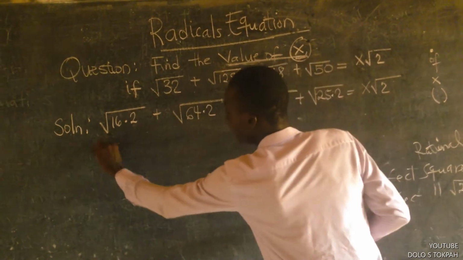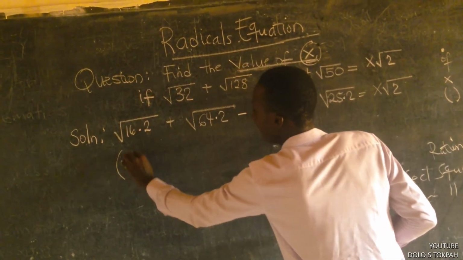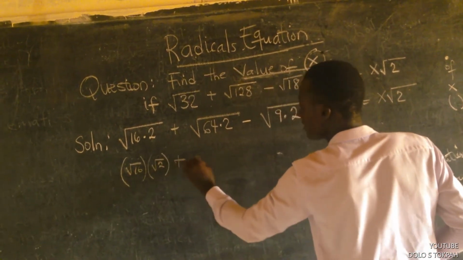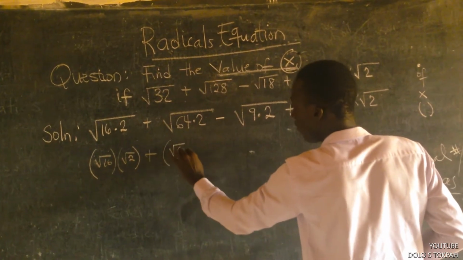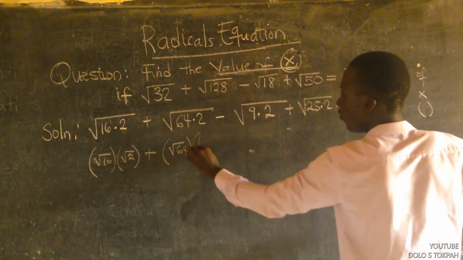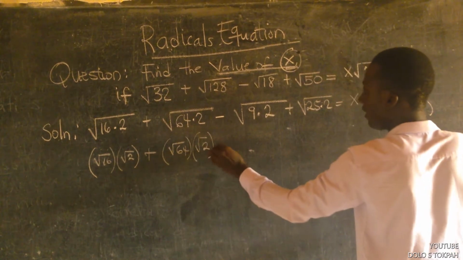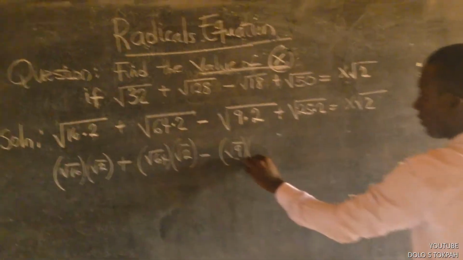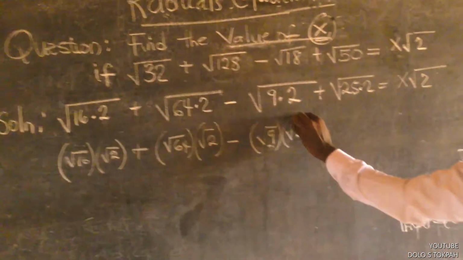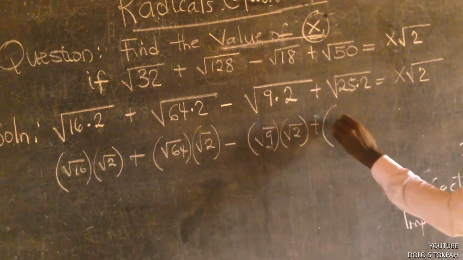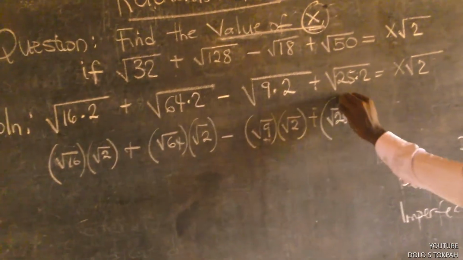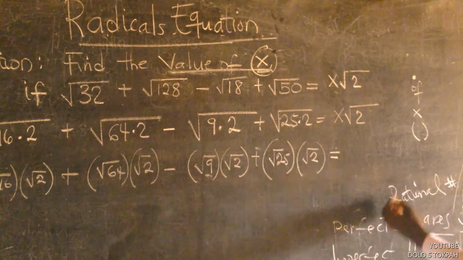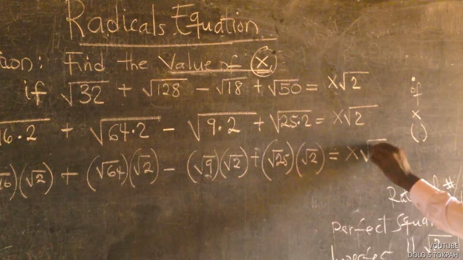So it becomes: parenthesis root 16, closes, another one root 2, closes, plus parenthesis root 64, closes, root 2, closes, minus parenthesis root 9, closes, root 2, closes, plus parenthesis root 25, closes, root 2, closes, equal x root 2.